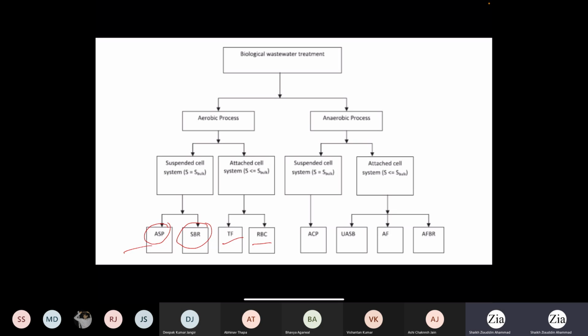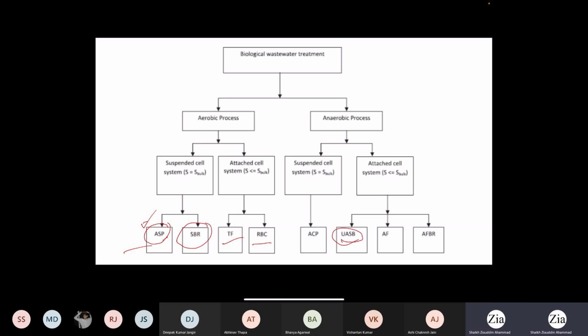So these are all some commonly used reactors in different bioprocess industries. And so in wastewater treatment plant, as a representative of aerobic system, ASP is commonly used, activated sludge process.